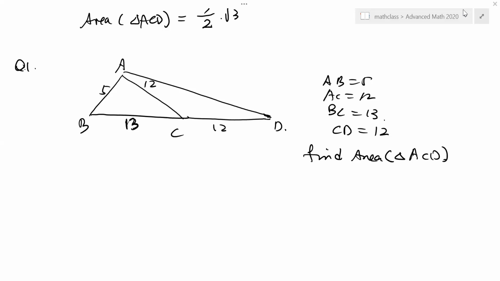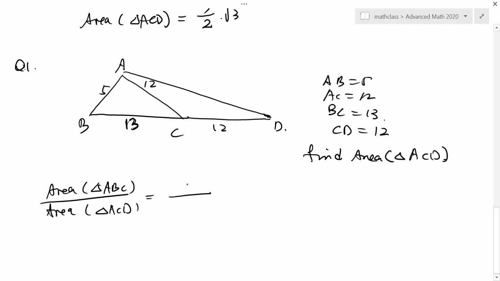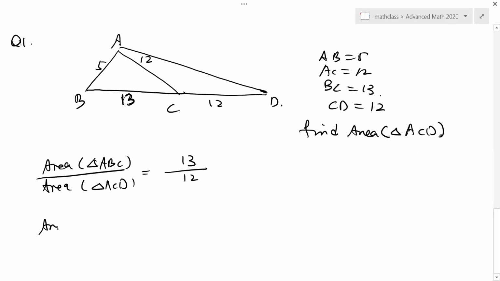These two triangles have the same height. So the area of triangle ABC over the area of triangle ACD is going to be 13 over 12. So I can get 12 over 13 times the area of the triangle ABC.